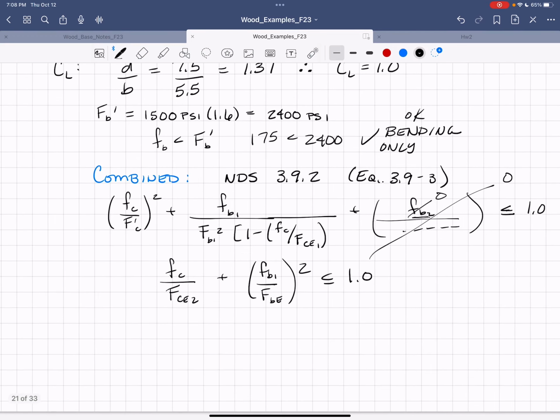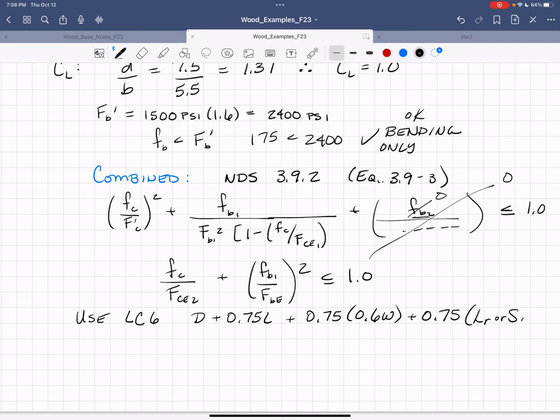Okay, so we're going to look now at the load combination that has all the stuff. We've got to go back and look at the combined load equation now. LC6, load combination 6, is D, so dead, plus 0.75 live, plus 0.75 times the 0.6 wind, plus 0.75 times roof or snow or rain.